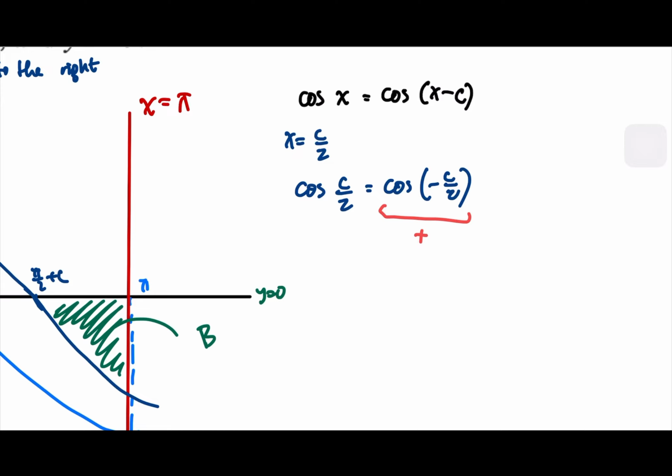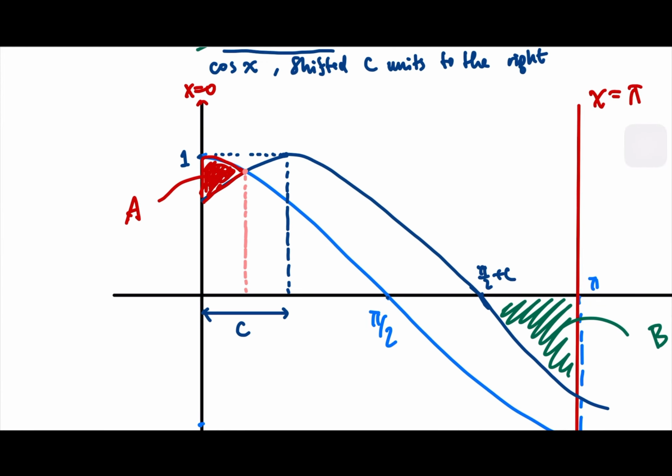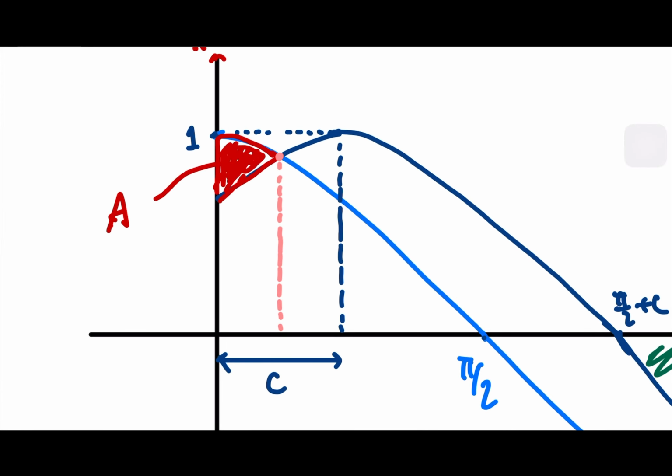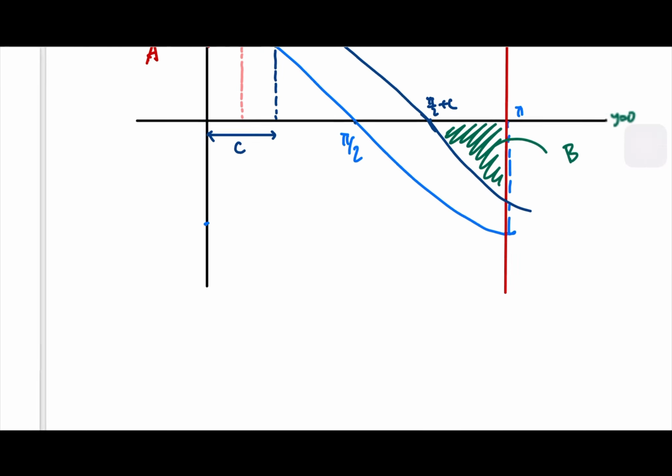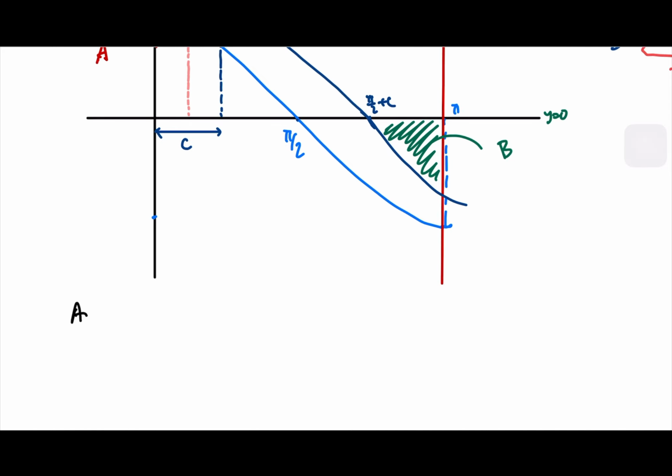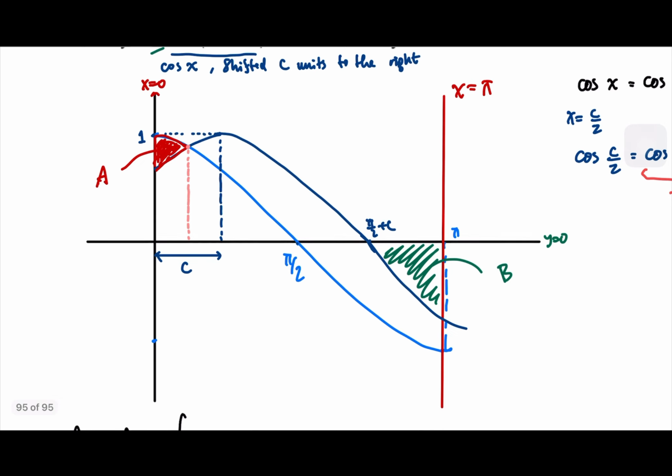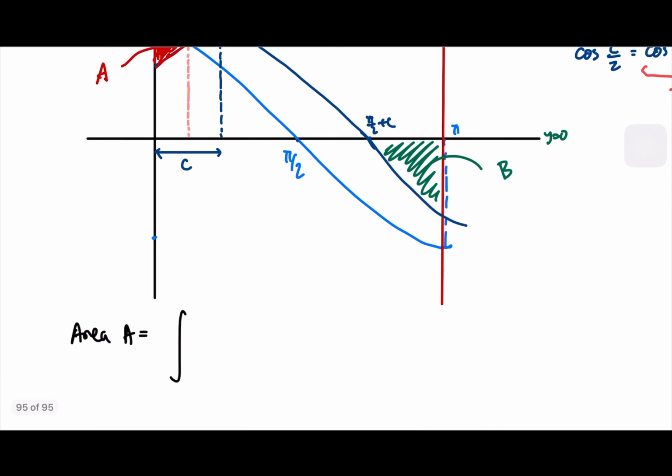Now when we look here and we want to calculate the area between those curves on area A, we can write down the area A as integration from 0 to c over 2.